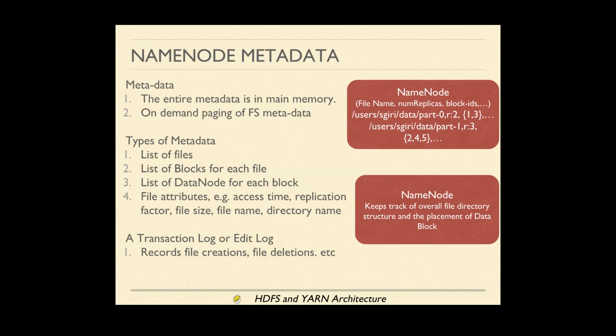So edit log and image, I'll explain again. Metadata is kept in the memory as well as in the disk. In the memory, metadata is kept in the form of a complex object, so that whenever you are updating in memory, it can be updated very easily and quickly.